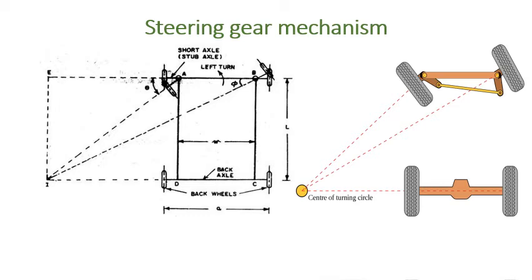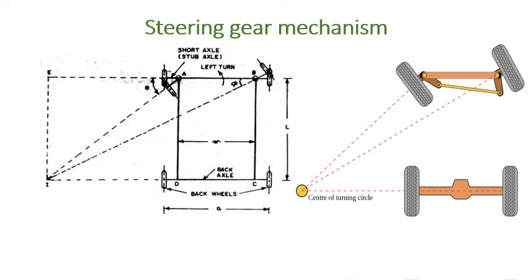When the vehicle takes a turn, whether left or right, the front wheels along with the stub axles turn about the pivoted points. The back axle and the back wheels remain straight. There should always be absolute rolling contact between the wheels and the road surface. Any sliding motion will cause wear of tires, right?